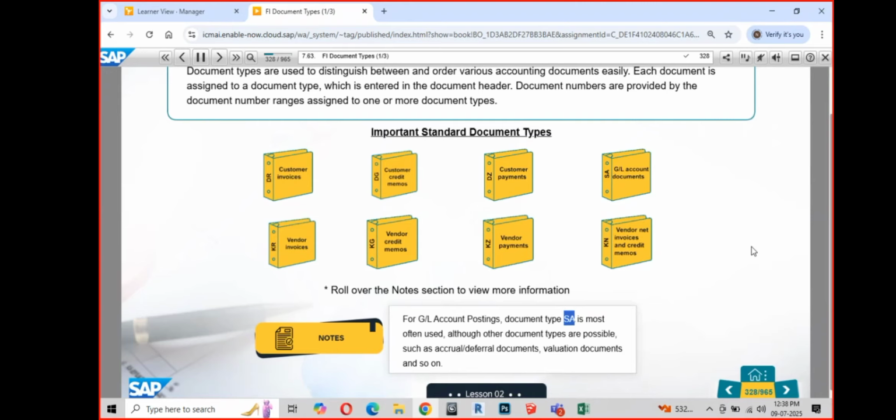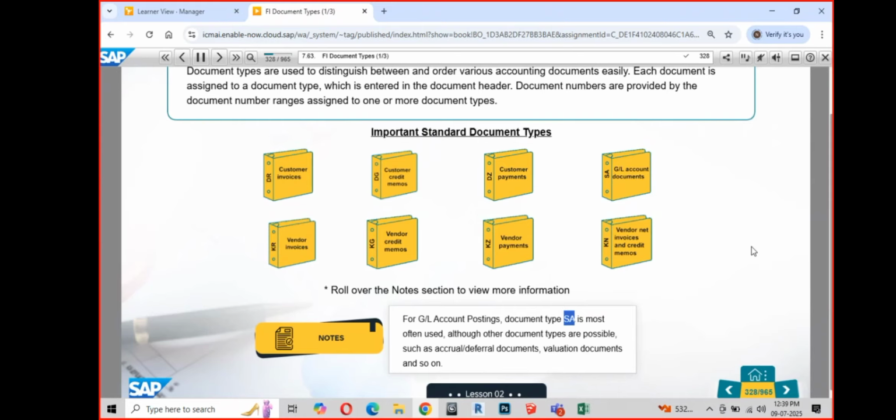Okay, so like this, the document types are all created by SAP itself. As a consultant or as an end user, the opportunity for me to create a new document type is very, very rare, almost nil. Clear?